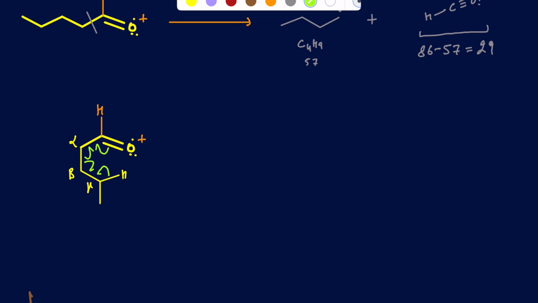And then I'm going to be using one of the electrons from that bond and one of the electrons from the hydrogen right there to make the bond with the oxygen there. So the cleaving that you see is going to be right here between the alpha and the beta carbon.